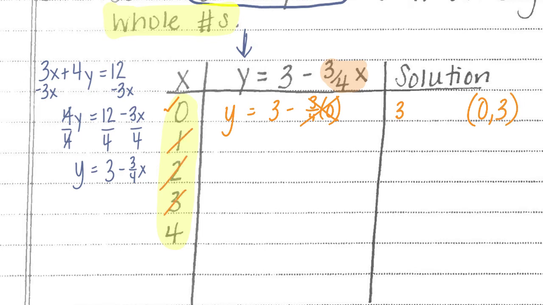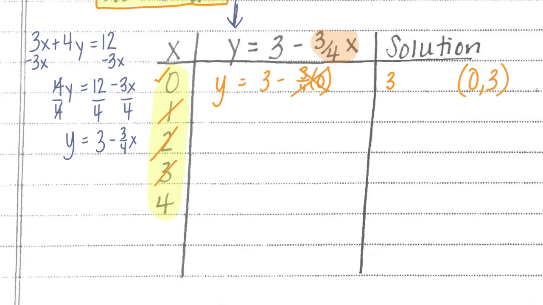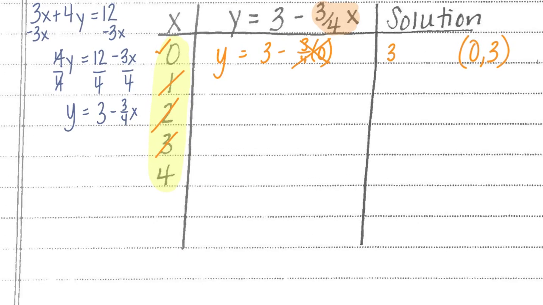I'm not even going to try them because right here they asked me for whole numbers. But I know I could try more multiples of 4. So y equals 3 minus 3/4 times 4. Well, it looks like that answer is going to be 0 for y. And then the solution, the x would be 4 while the y is 0.